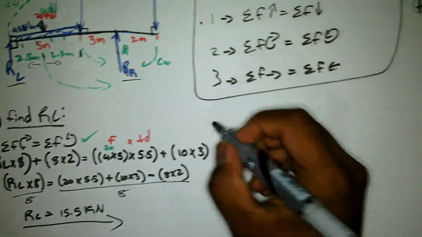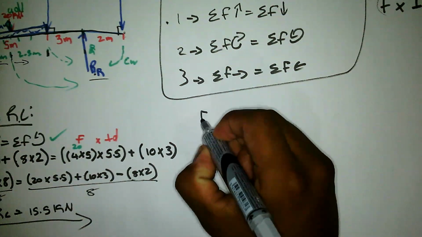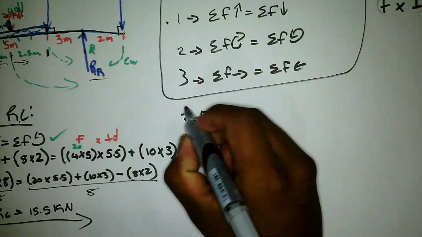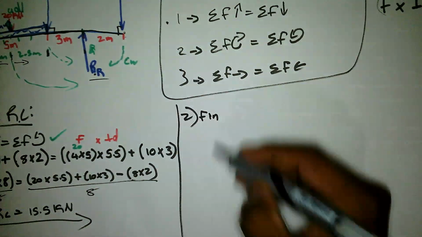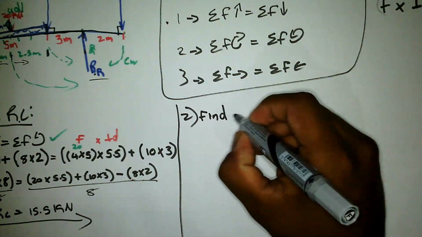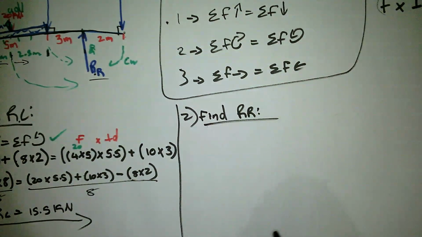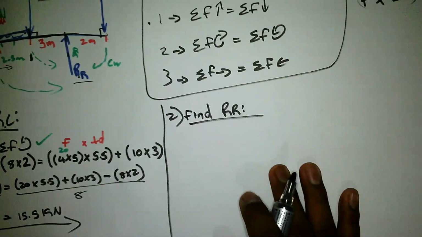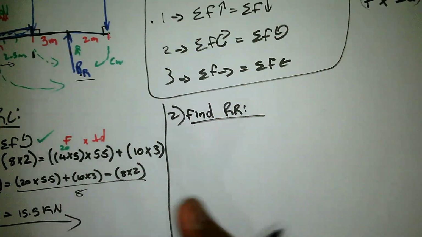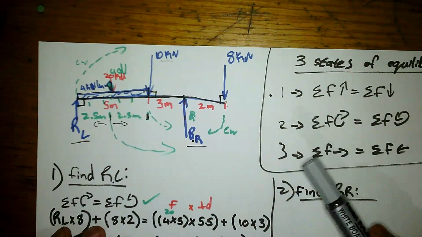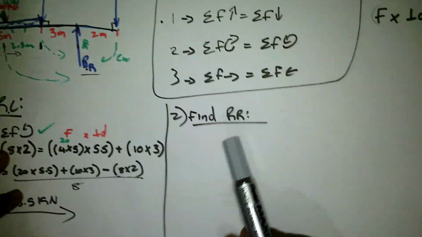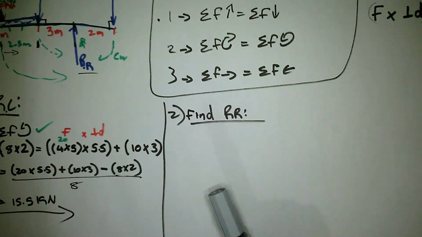Okay, so now we want to find question 2. We now want to find RR. To find RR, we do the same steps, the same process. But let us redraw this beam quickly so we can reevaluate for RR with the same processes.